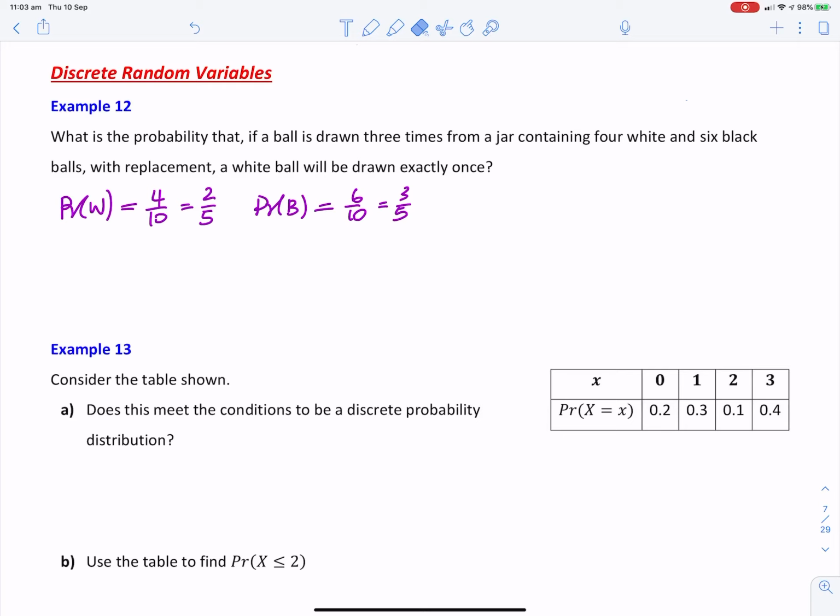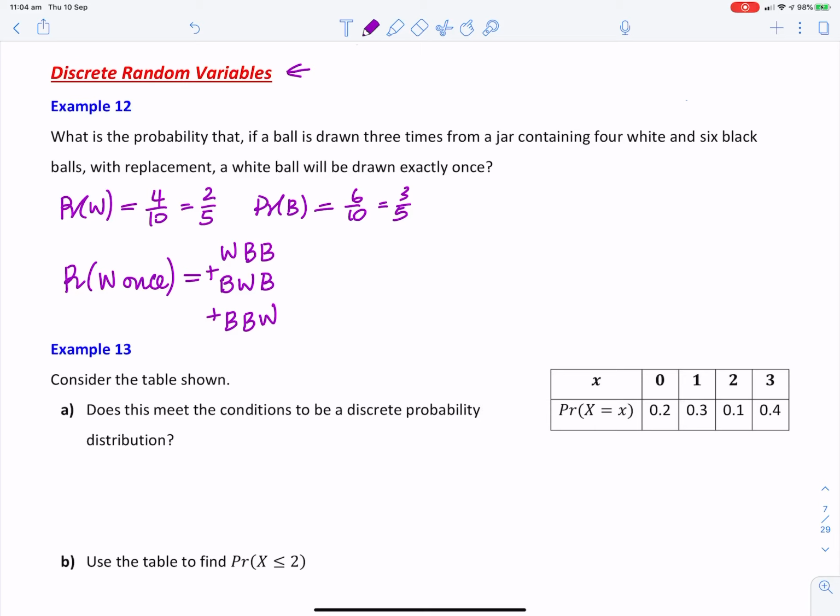Now this is an example of a discrete random variable because we want to work out the probability that a white ball is drawn exactly once. So if I want the probability of a white once, we could have white, black, black, or we could have black, white, black, or we could have black, black, white.